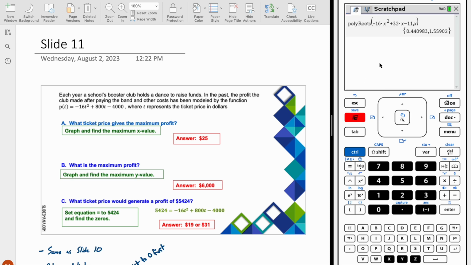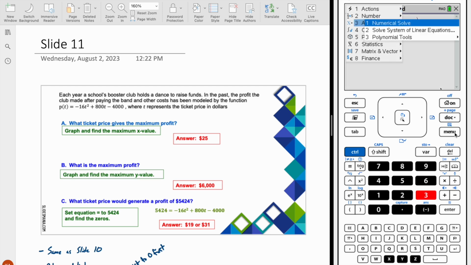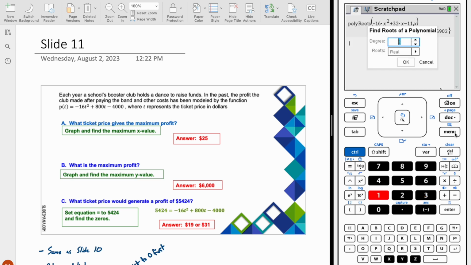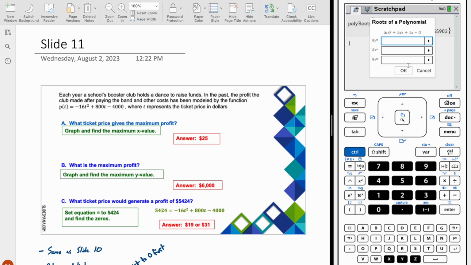our calculator portion. And we're going to run through the same process we did before. We're going to go to menu, algebra, which is 3, polyroots, which is 3, find the roots. In this equation, our highest exponent is 2. We are looking for real roots.